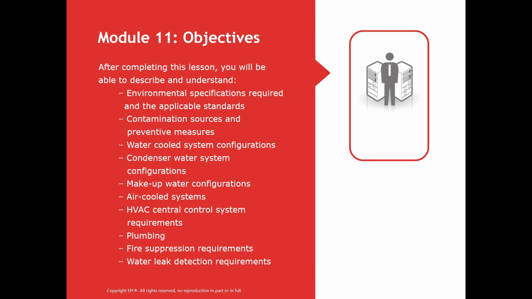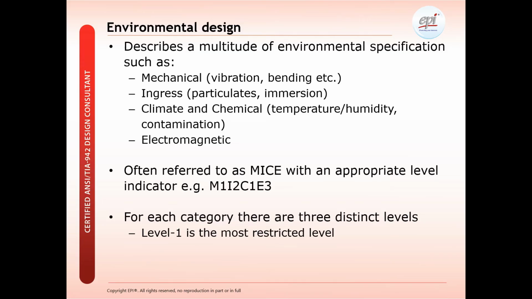And data centers need to have the appropriate fire suppression or fire protection systems in place. TIA also has a requirement to ensure that we have an appropriate water leak detection systems in place in critical areas.